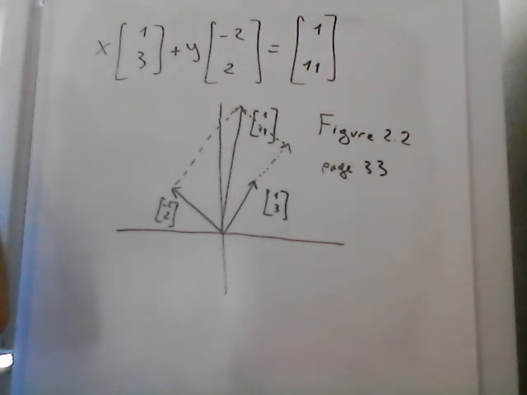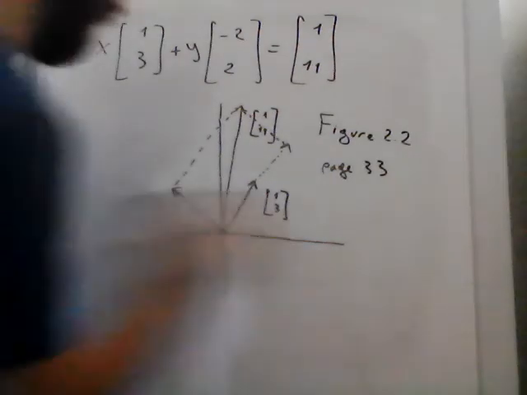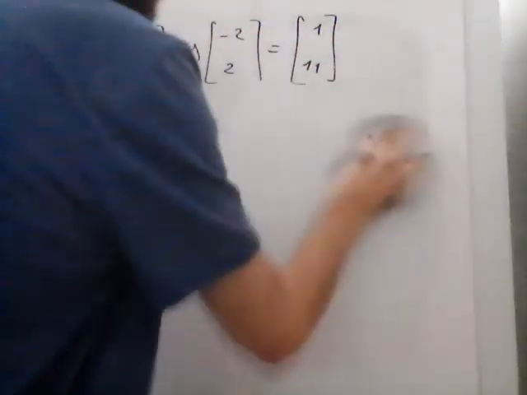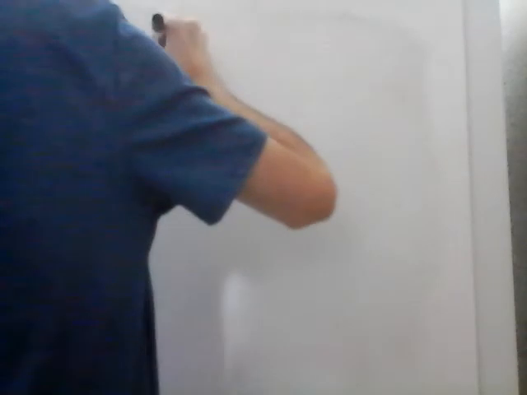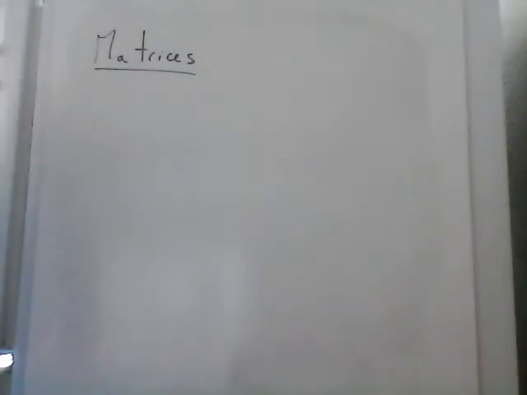Let's now write the linear systems in a different way using matrices. So let me first talk about matrices for a bit. So this is one of the fundamental concepts that we are going to work with in this course.